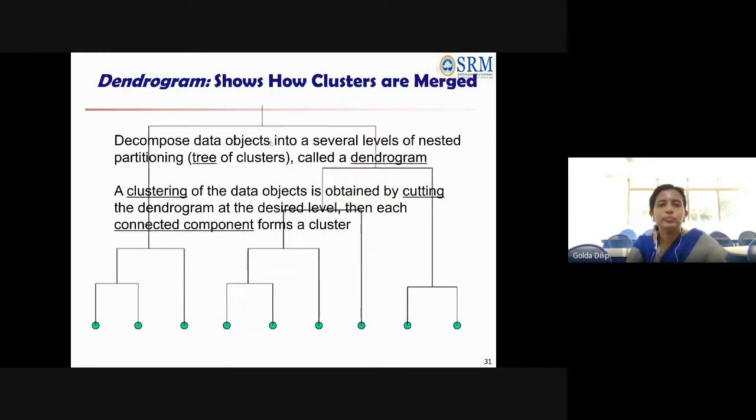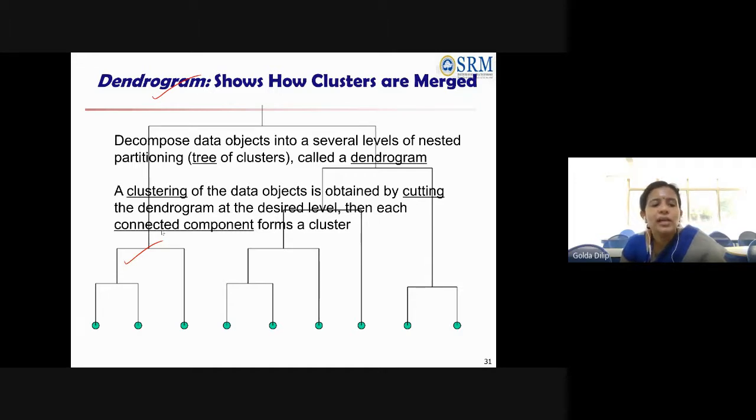Here you can see a concept called the dendrogram. A dendrogram is a tree-like structure, a tree diagram, which shows the hierarchical relationship between different sets of data. It records the sequence of how the merging or the splitting is happening.